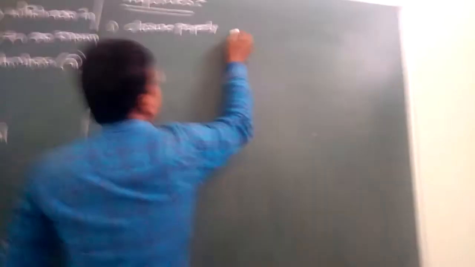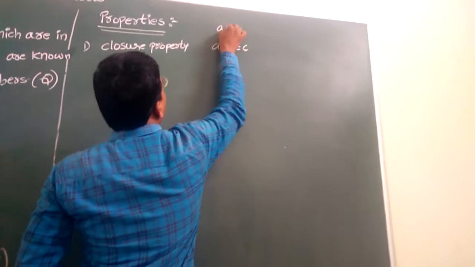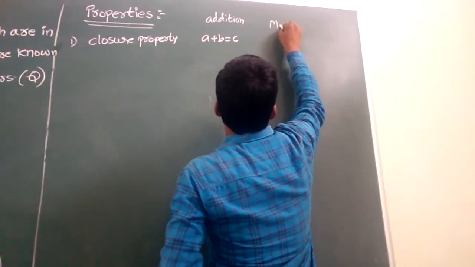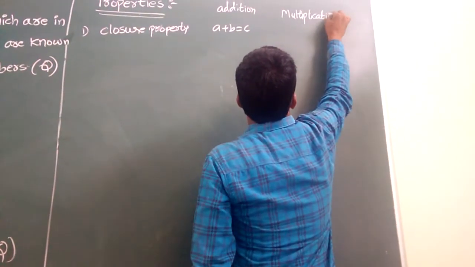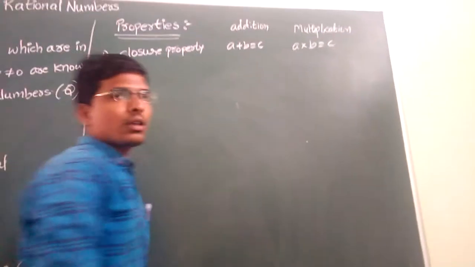Closure property under addition: a plus b is equal to c. Under multiplication, here you can take a into b is equal to c.